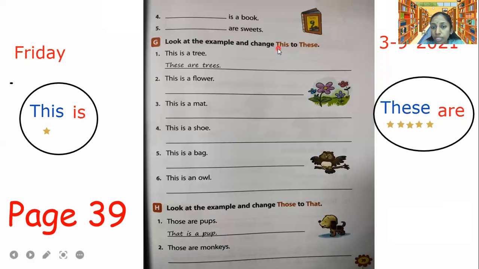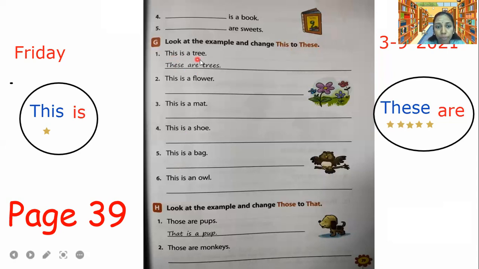Which means they have given all the words here, starting from the word THIS. All the words here are in singular noun. So now we are going to make the sentence a plural noun, which is THESE. Plural means more than one.